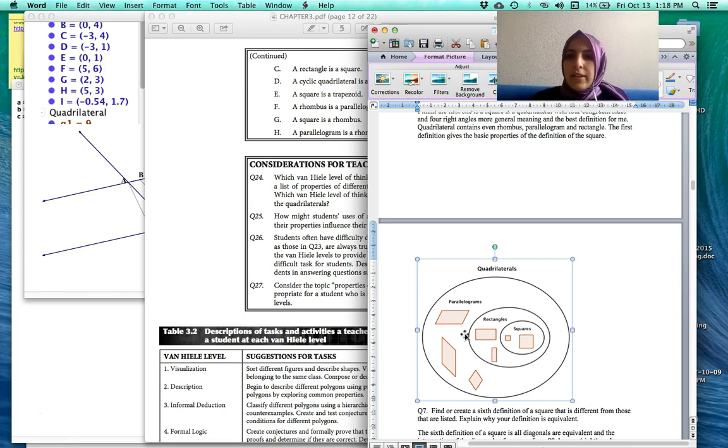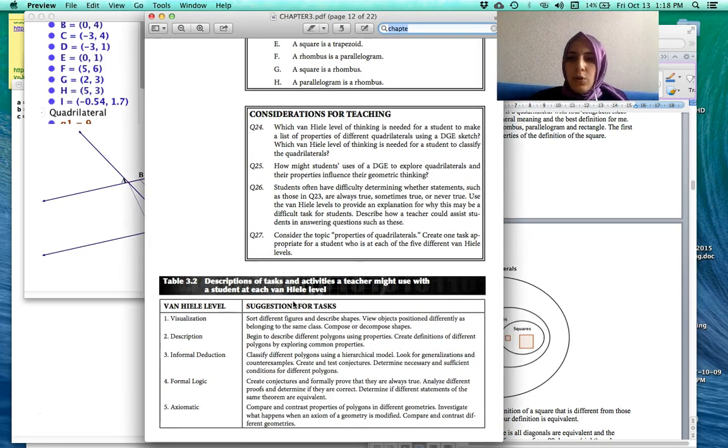The teacher can assist the students by showing them the similarities and the differences of shapes using DGE. Question 27. Consider the topic Properties of Quadrilaterals. Create one task appropriate for students at each of the 5 different Van Hiele levels.